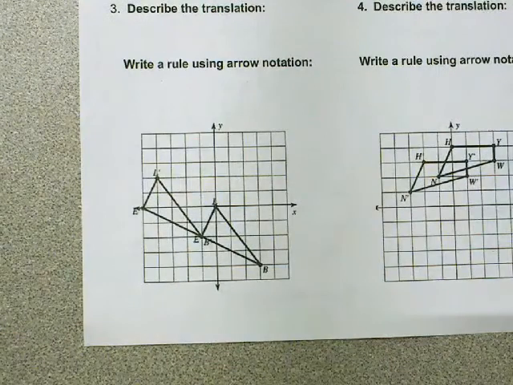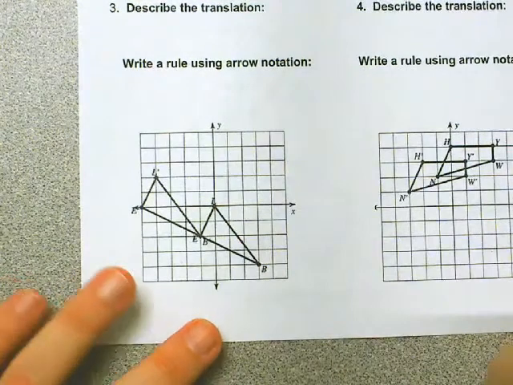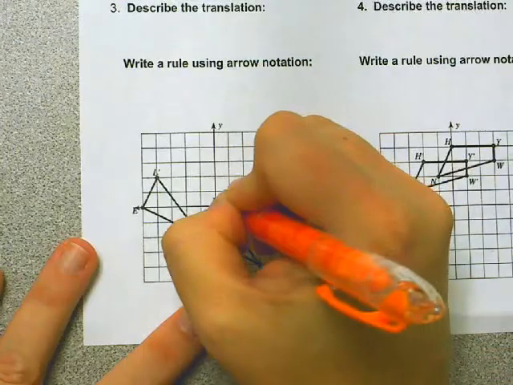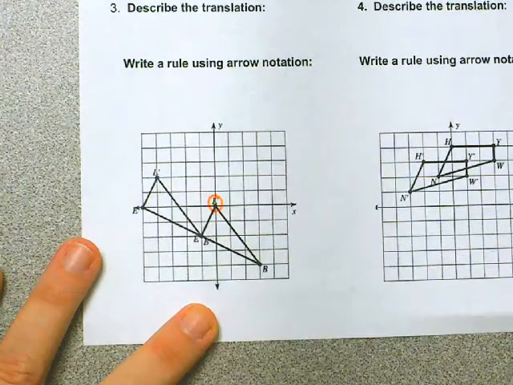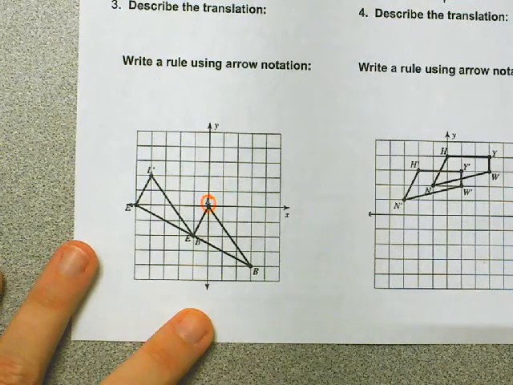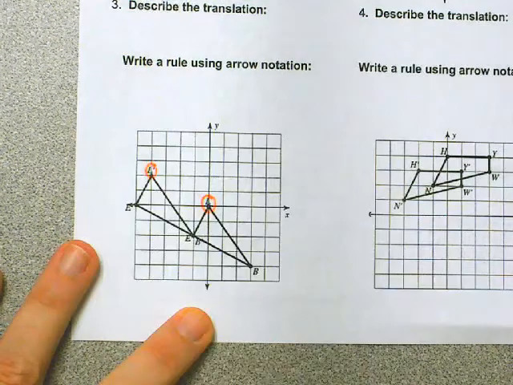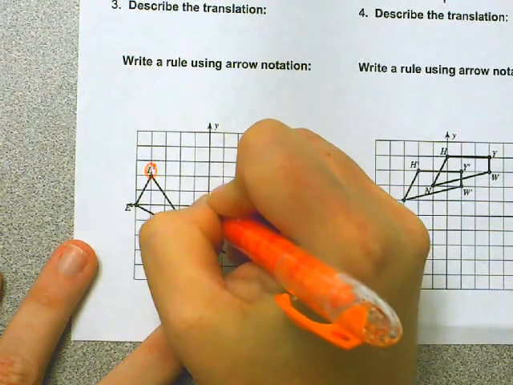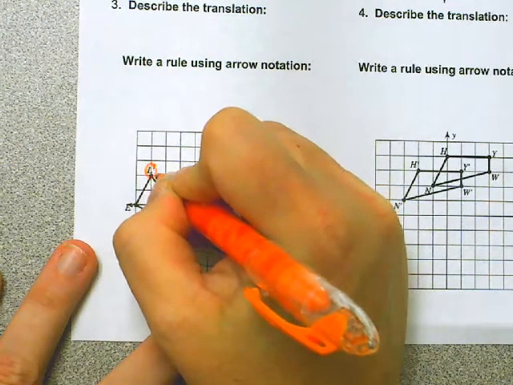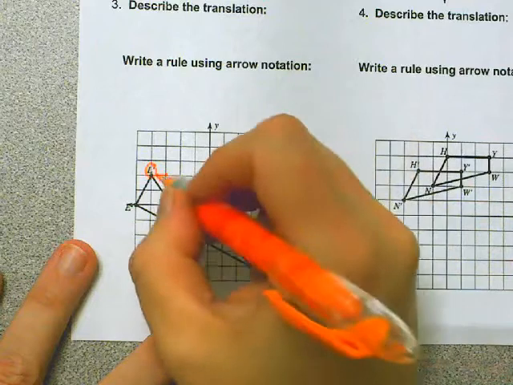Number 3. Number 3 is getting more interesting now. We're not just going left, right, up, and down. Now we're going to move diagonally. Find your original locations. Here's L, my original location. Find the prime value that goes with L, L prime. We're going to draw our arrow that shows us which way we're going.